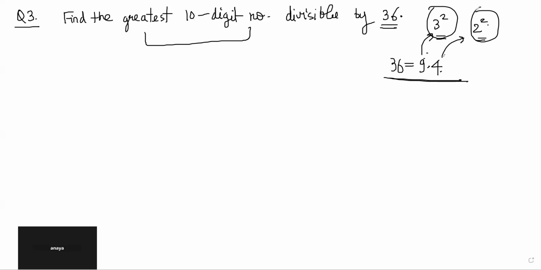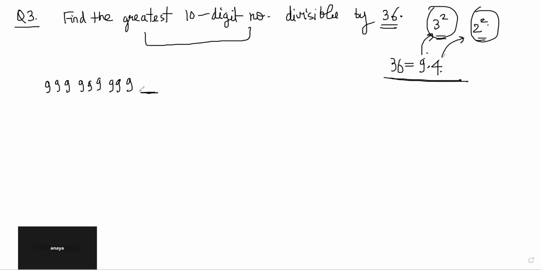Also think that you have to make the largest possible number, right? 10-digit number. So if I make a very big 10-digit number, I can start with nine nines, and then the last digit is left.